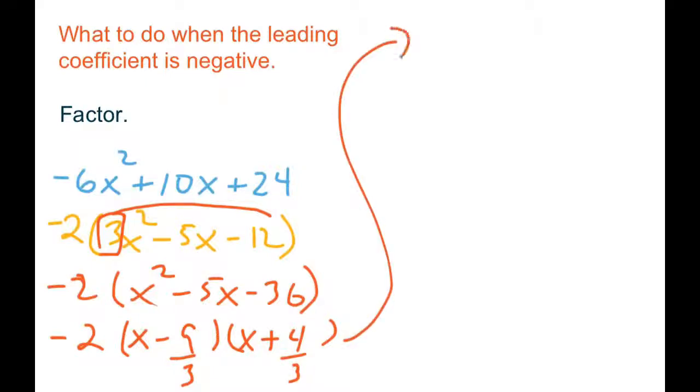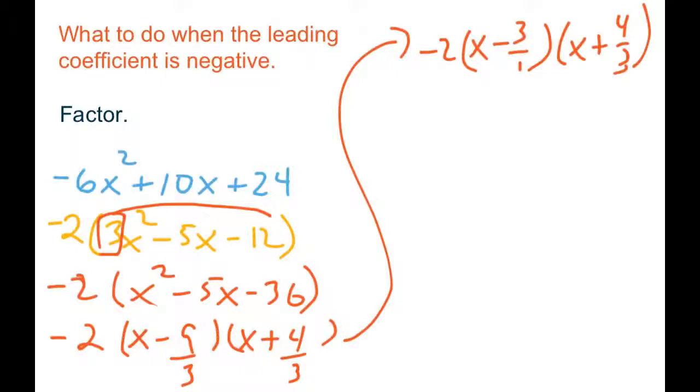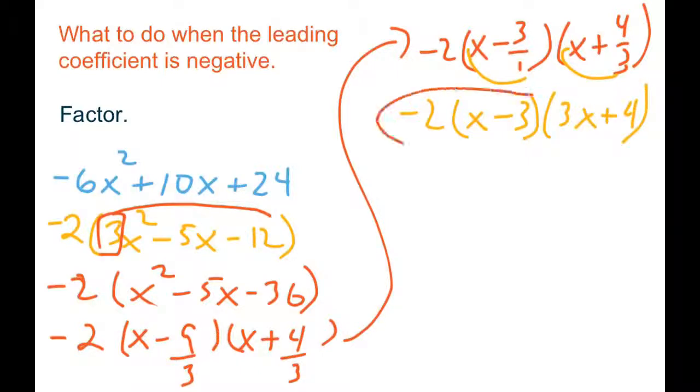We'll come over here and we'll simplify this. 9 over 3 is 3. I make it 3 over 1. I need a denominator there. 4 over 3 is simplified. Now I'm going to take that number and put it in front of x, 1x. Take that number and put it in front of x, 3x plus 4. And then, there we go.